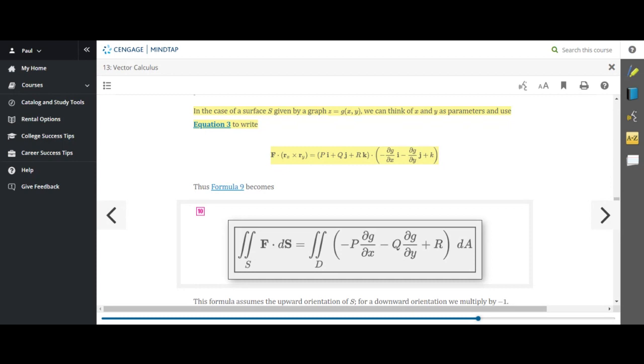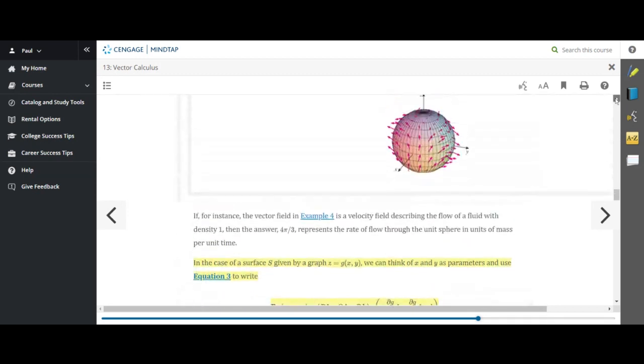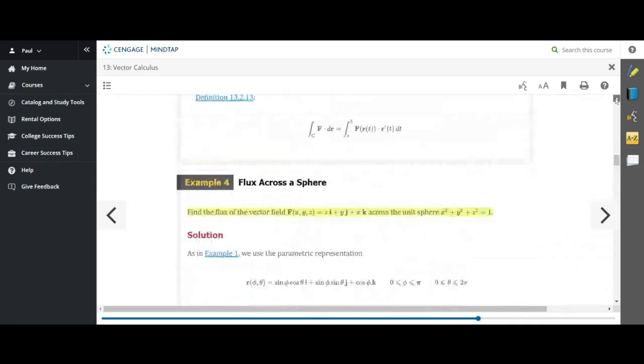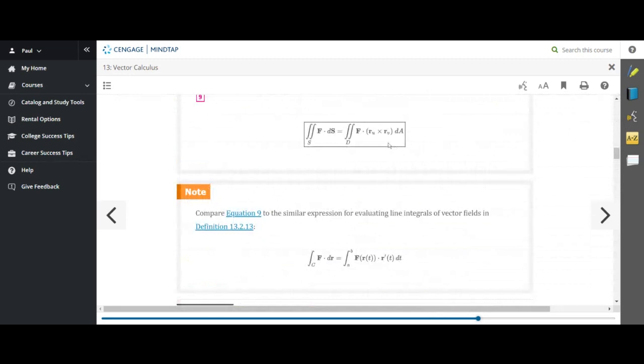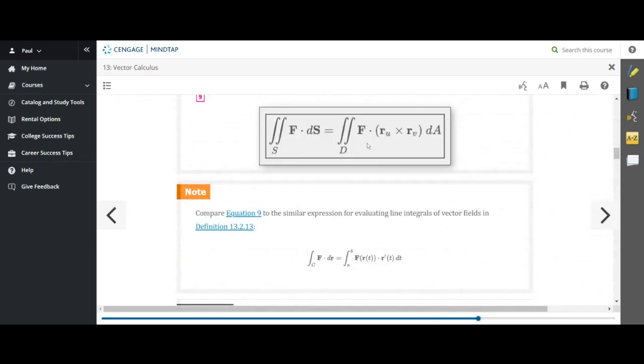That's okay. The reason I like to use the general formula that you see here is just because it always works.